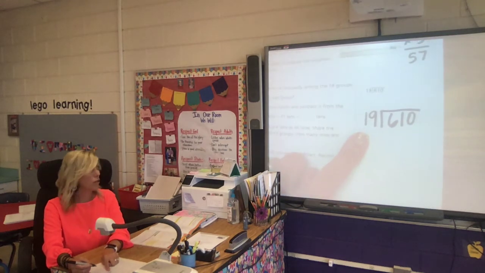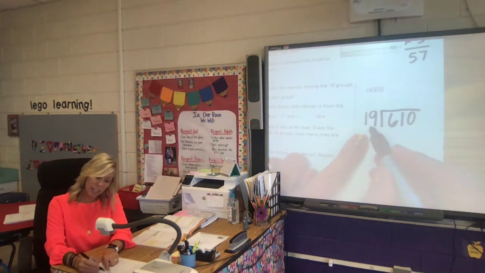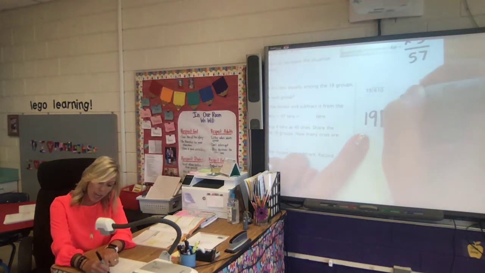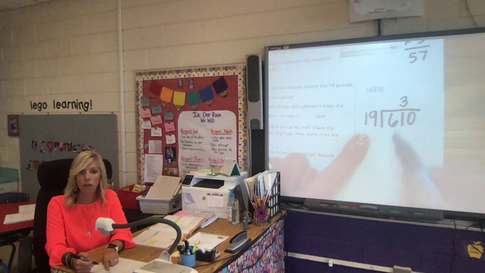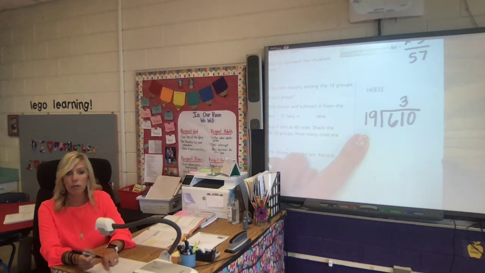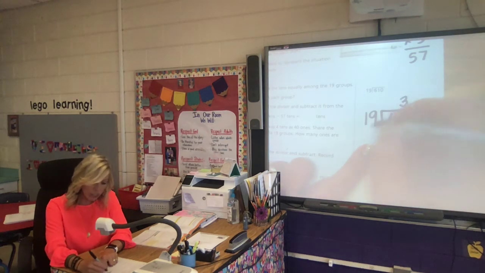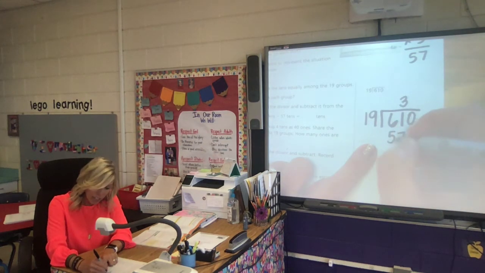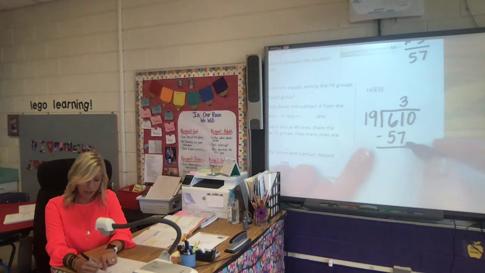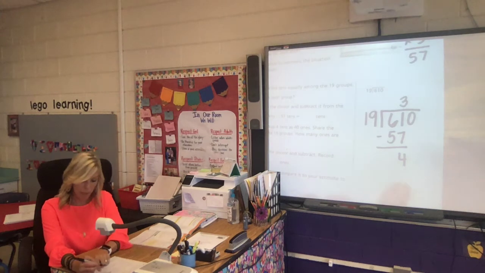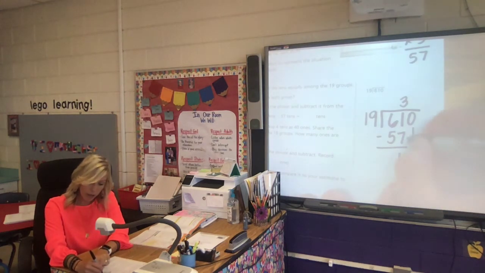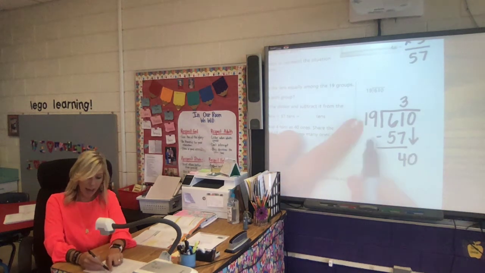So another thing to make sure we're doing, 19 went into 61 3 times. So my 3 goes over that 1 because we're representing where it went. Because 3 times 19 is 57. Then I'm going to subtract. Well, I know that's 4. 58, 59, 60, 61. After I subtract, bring it on down.